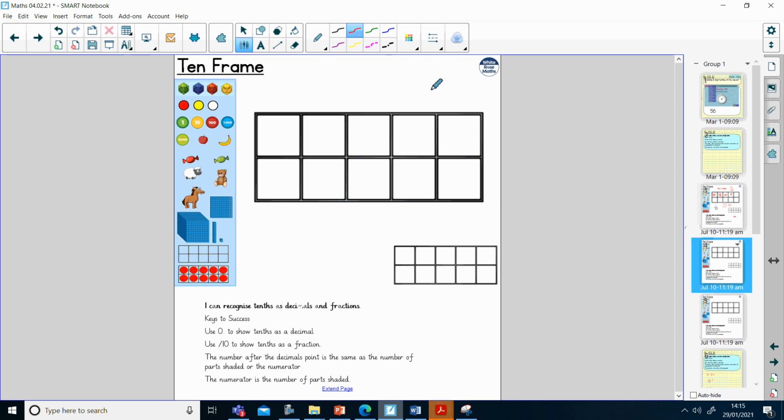Okay, this time I'm going to have a look at shading 6 tenths. So I'm going to shade 6 parts out of 10. It doesn't matter which ones I shade as long as I only shade 6 of them.